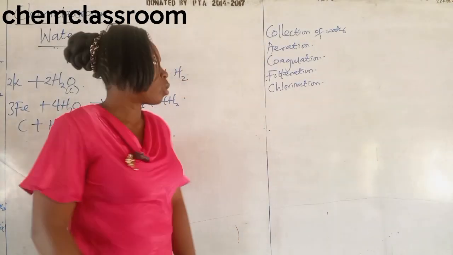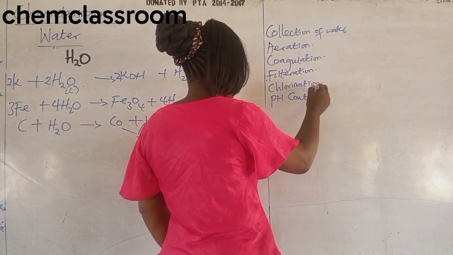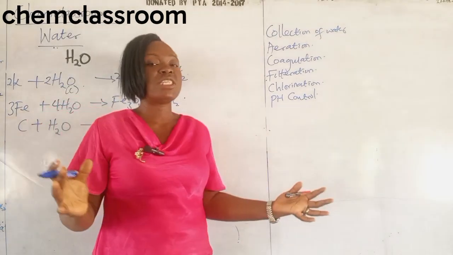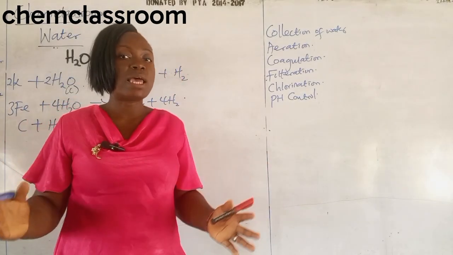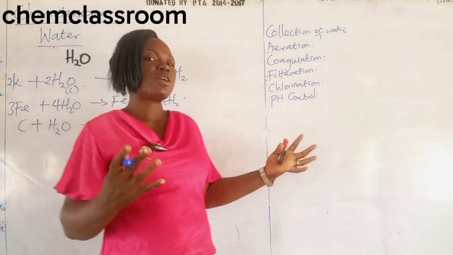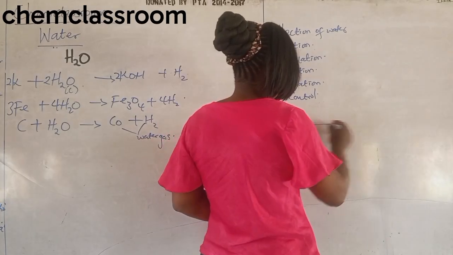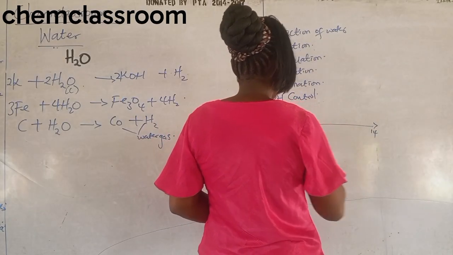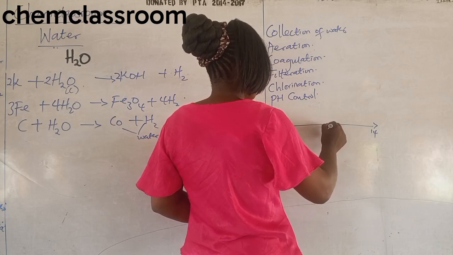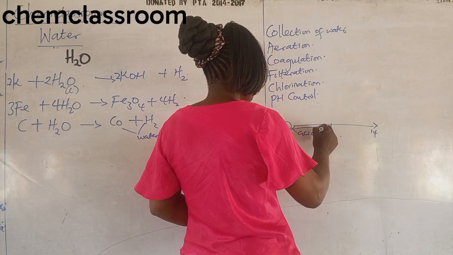Now, the last step is what we call the pH control. The pH control, we need to test the pH of our water. If the pH is actually safe, because according to the World Health Organization, for safe drinking water, the pH should be between 6.5 and I think 8.5. So we all know that our pH is between what? 0 to 14. So the middle here is neutral. By the time you go backwards, your acidity is increasing.